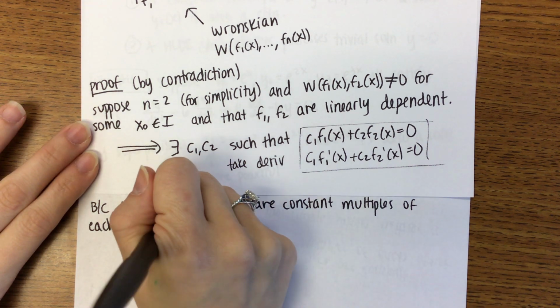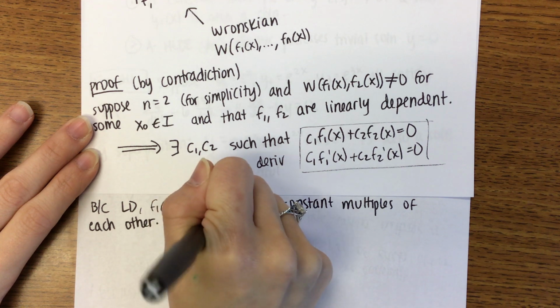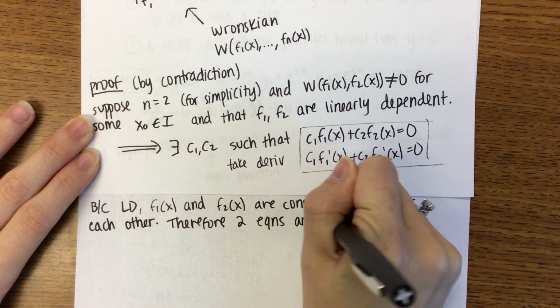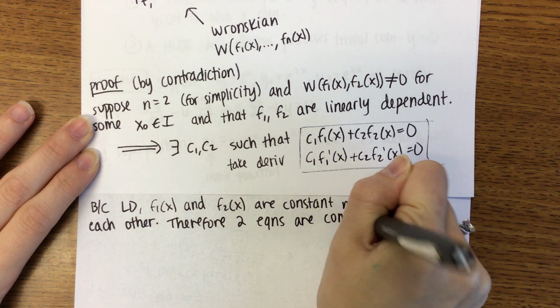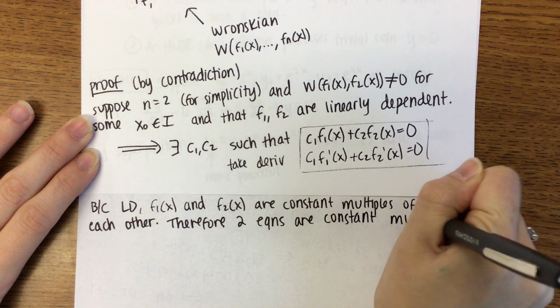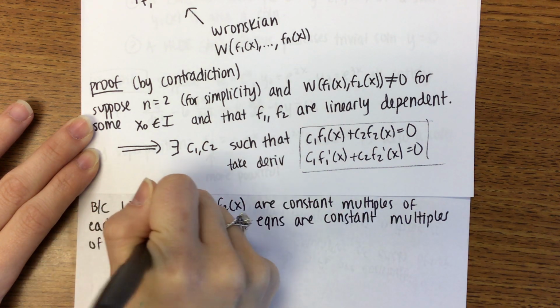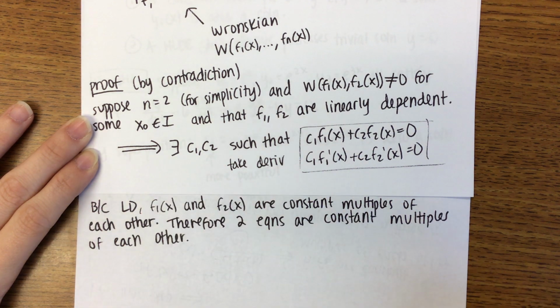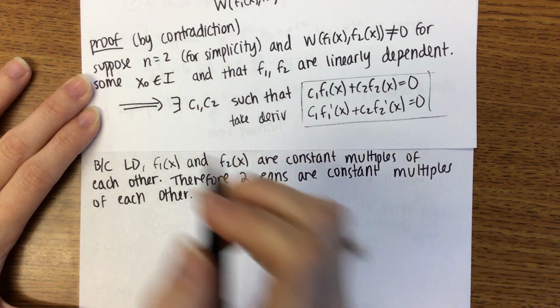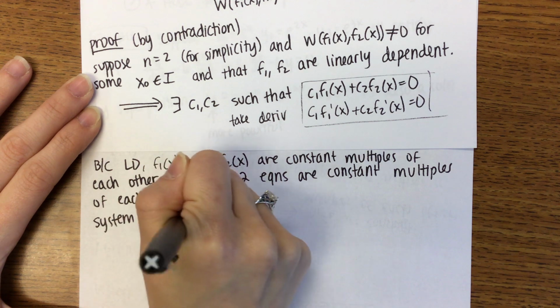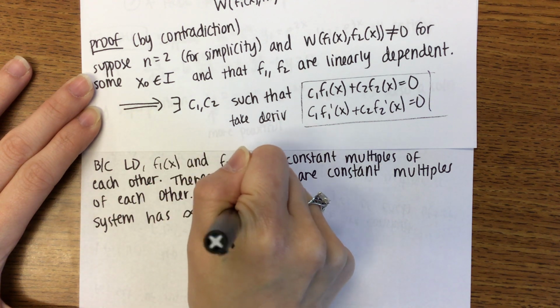Therefore, our two equations are constant multiples of each other. So our system has infinitely many solutions.